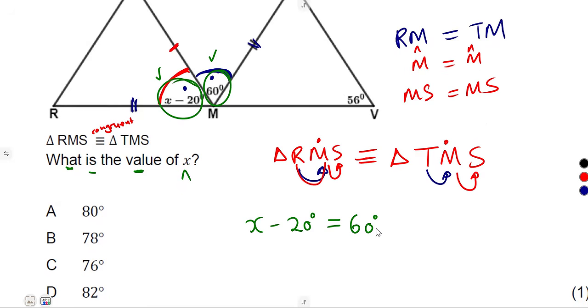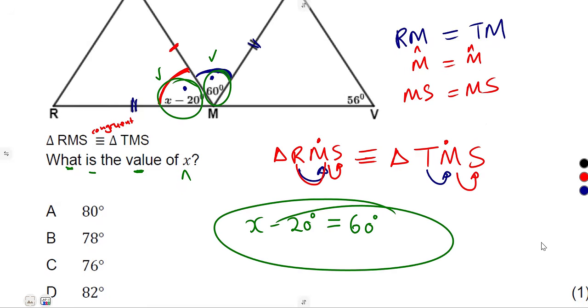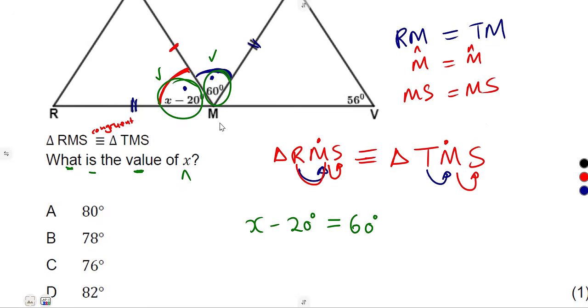It's an equation that you have formed from angle M and angle M of those two triangles. So let's find X. Simply add the 20 to both sides of our equation. That gives us X is equal to 80 degrees. So the best answer there is A.